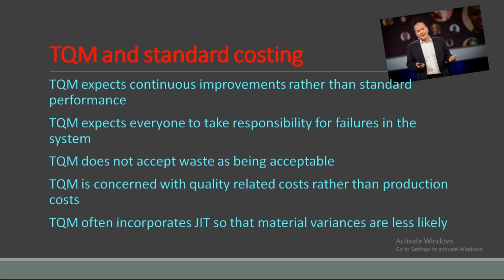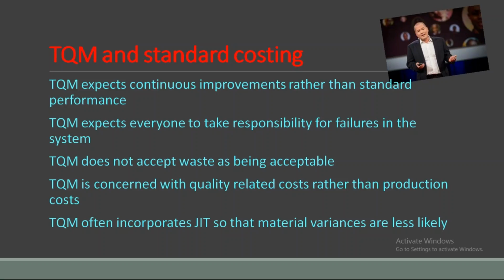So total quality is concerned with quality related costs. That is why one of the new management reports is all about how much we have spent on quality related costs. Accountants are very focused on the production cost, but sometimes production cost is not relevant.